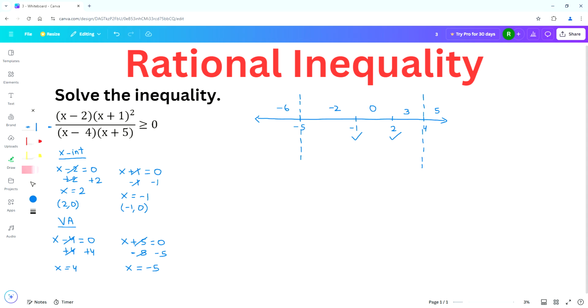Let's start by subbing in x as negative 6 in the given rational expression and see if the expression value is greater than or equal to 0.